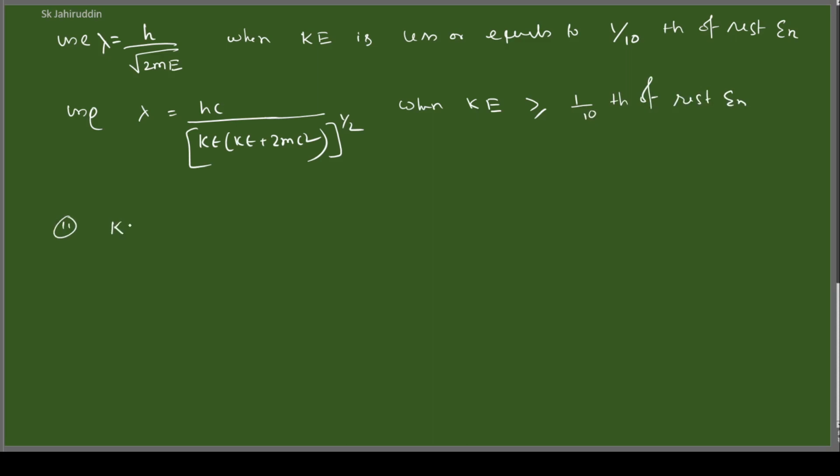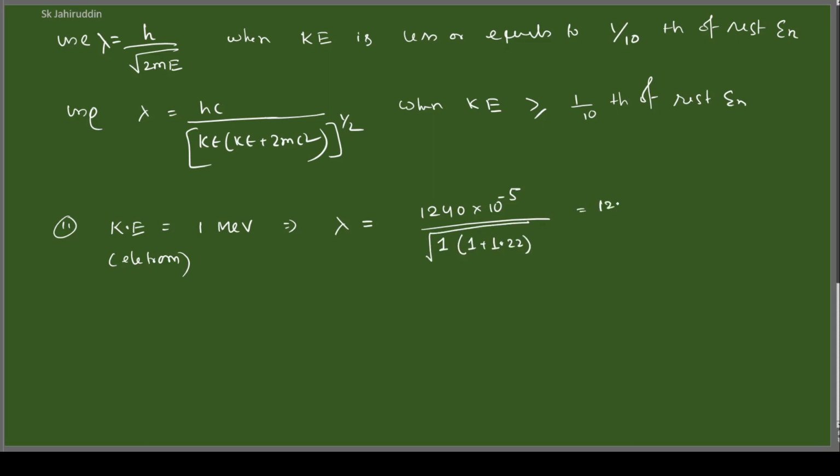See, this will be very simple. KE is 1 MeV, so then lambda is for an electron. Of course, everything in this problem is about electrons. So lambda is 1240 into 10 to the power minus 5, that is the value of hc in Angstrom, and this kinetic energy is 1 MeV, and this is 1 MeV plus 1.22 MeV, square root of this.